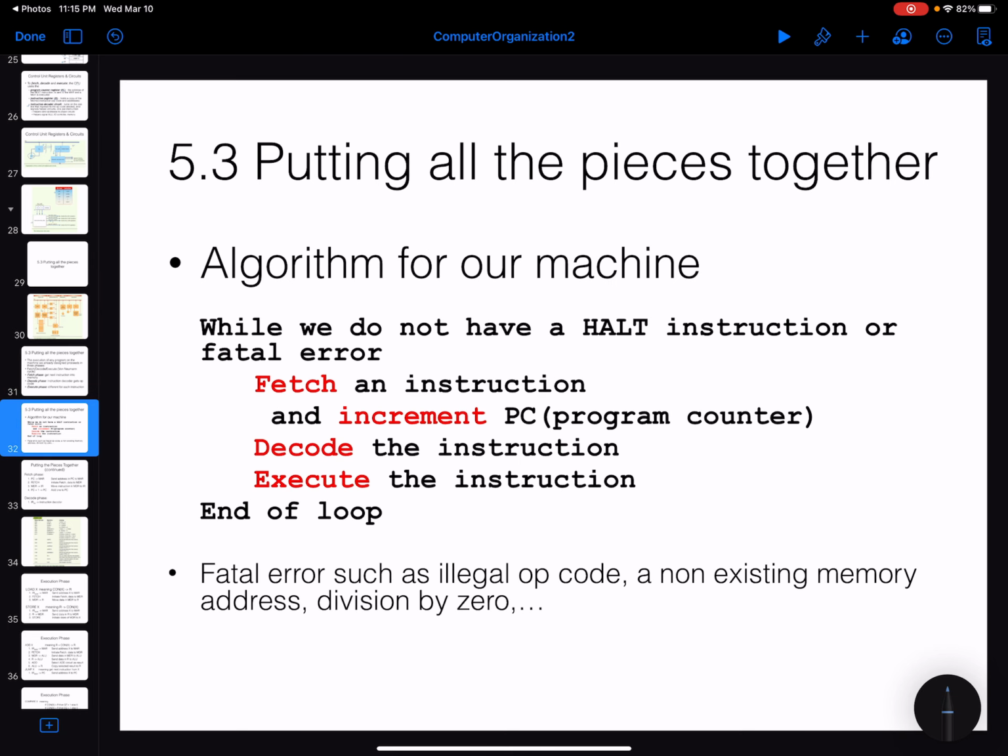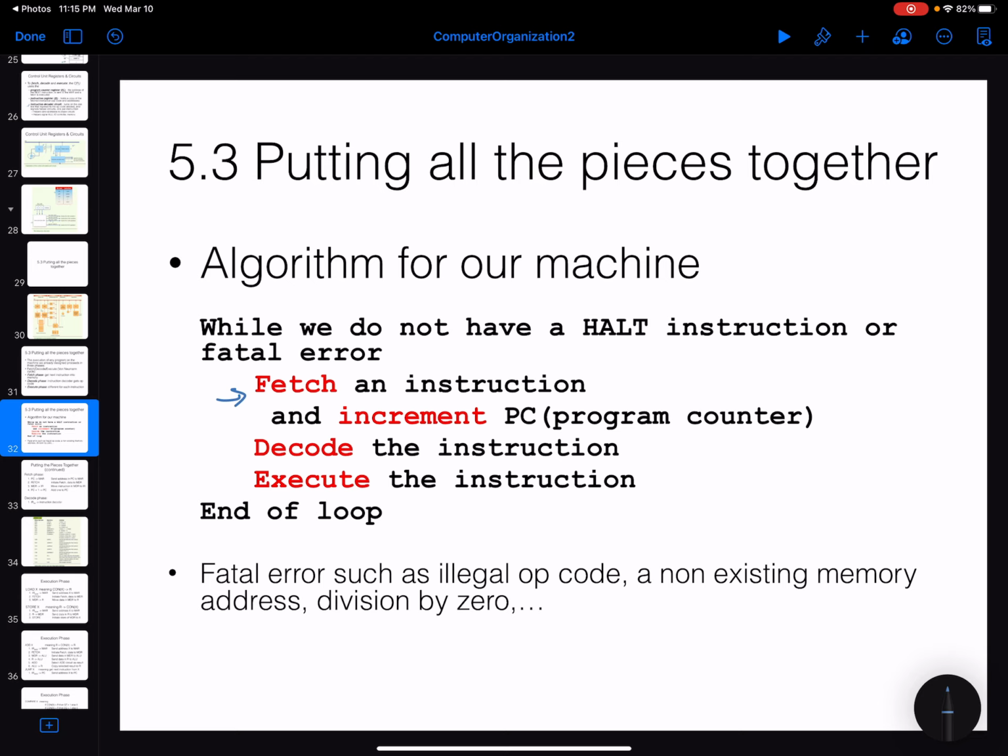We can write it as an algorithm, just like here: until we have reached the end of the instructions, or some error has occurred, you fetch an instruction. So the first phase is to fetch an instruction and update the program counter.